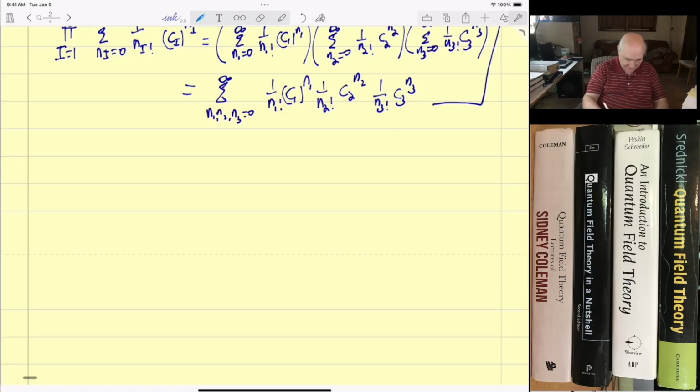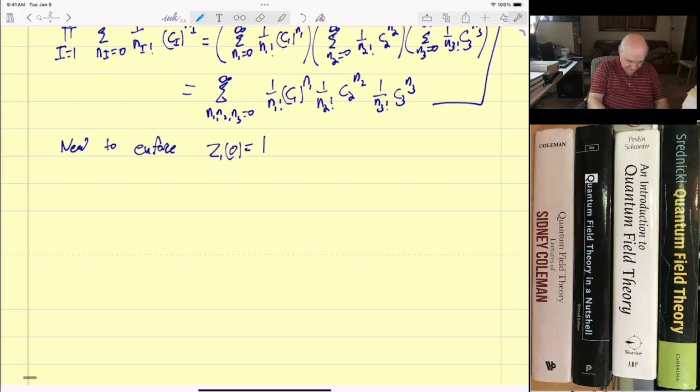So now we have to enforce, okay, so we still need to enforce Z1(0) equal 1. Well, now we see that it's easy to do.